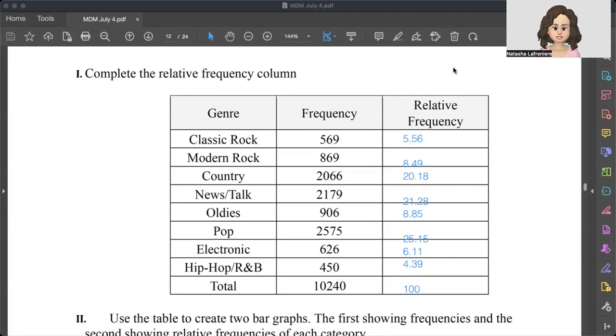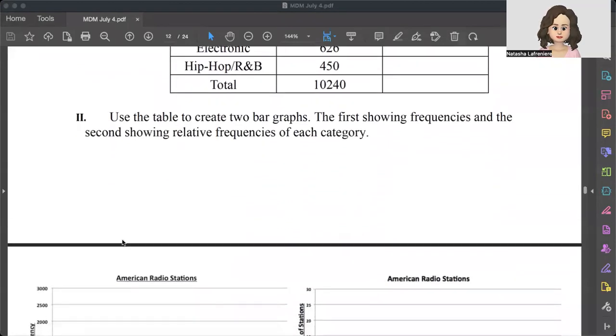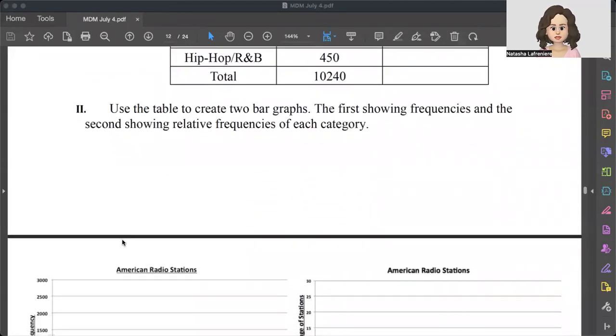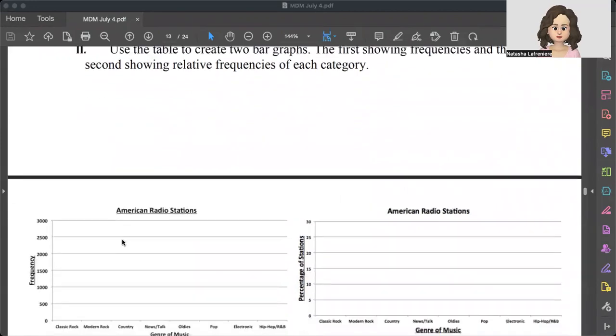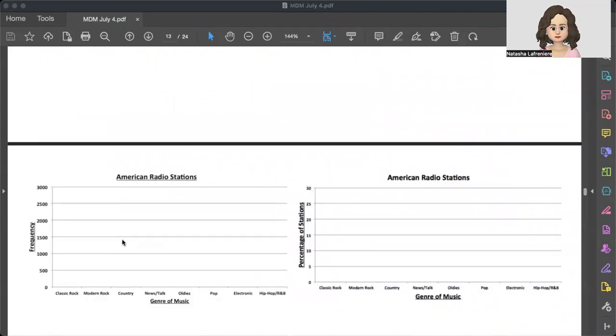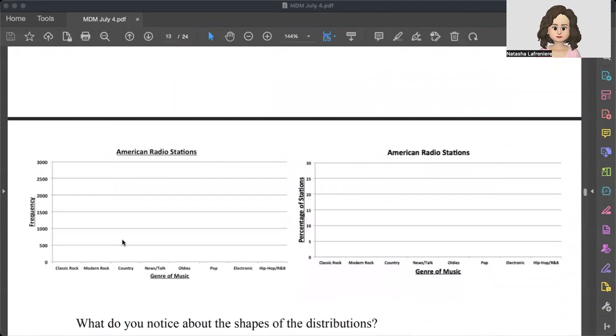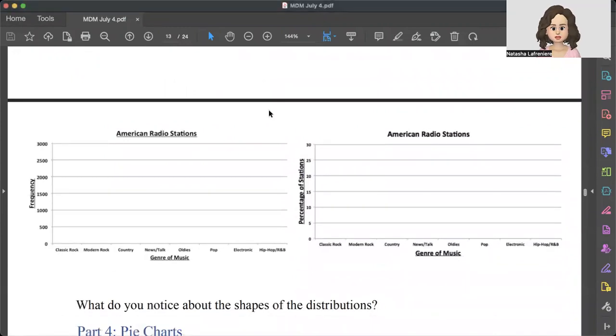So I'm going to clear this. Okay, so use the table to create two bar graphs. The first showing frequency and the second showing relative frequency of each category. So I'm going to draw these guys out.